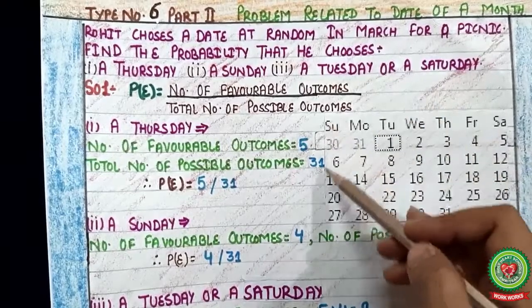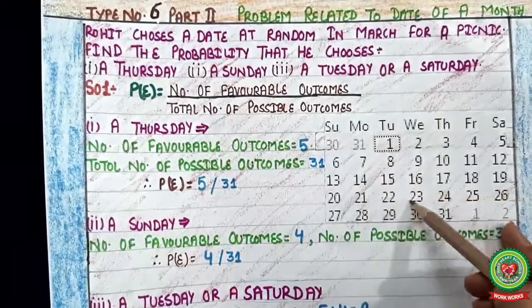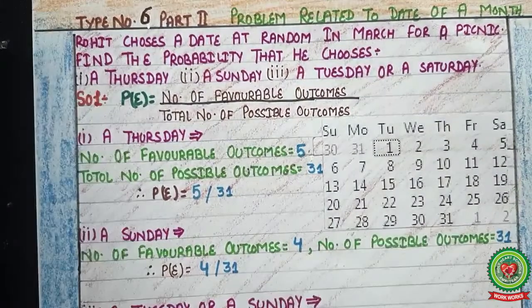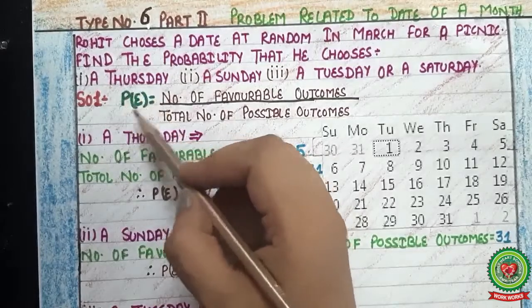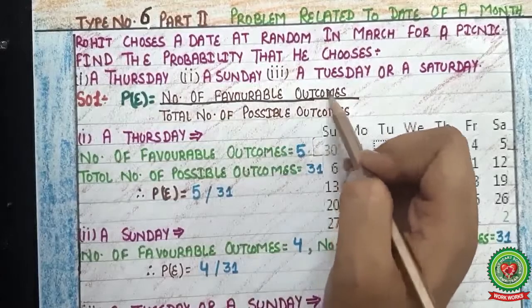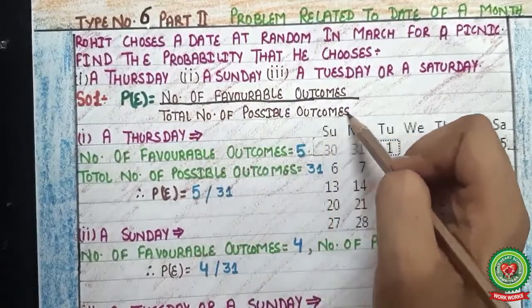Now, this is the chart of the month March which is given to us in the statement. Now, let us start with the solution. First of all, we will write the formula. That is, P of A is equal to number of favorable outcomes upon total number of possible outcomes.